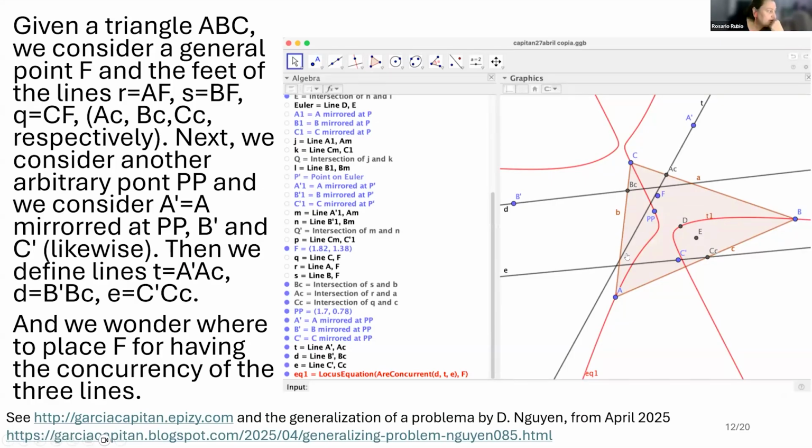This example comes from a group of fans of elementary geometry, with Facebook, blogs, Telegram address, etc. The answer in GeoGebra Discovery is a cubic equation, this red curve, but we cannot prove formally with GeoGebra Discovery that placing a point F on the curve, the three black lines here are concurrent, for several reasons.